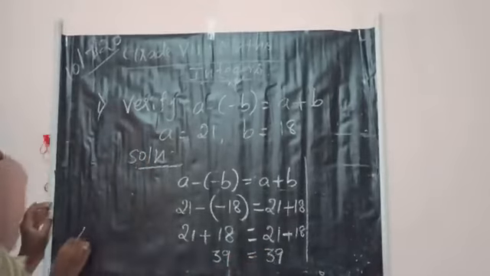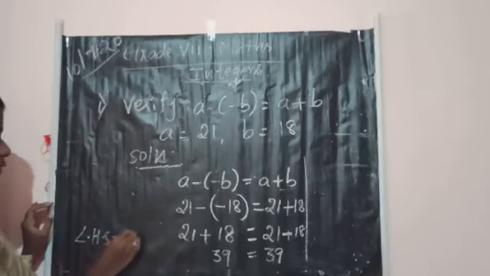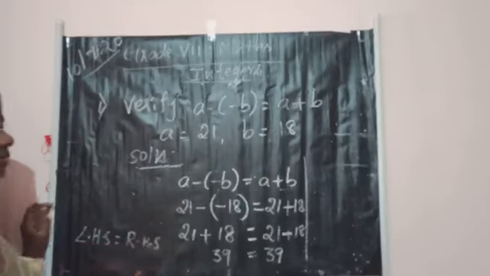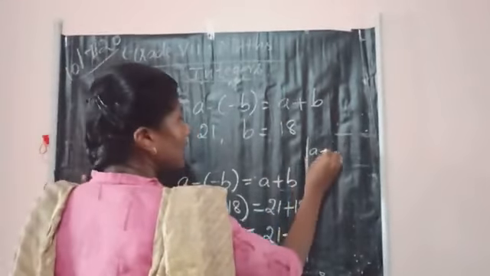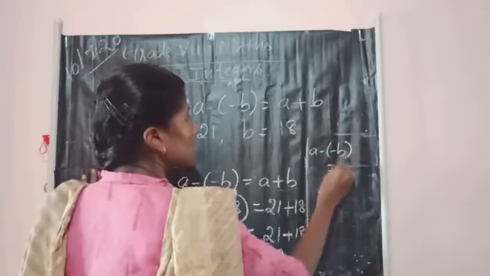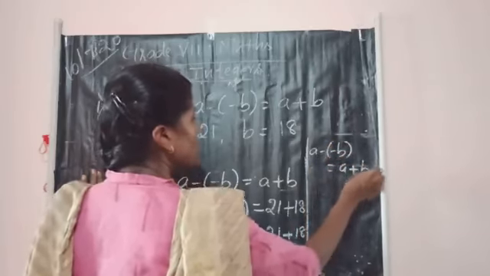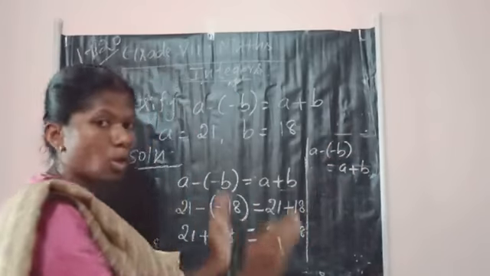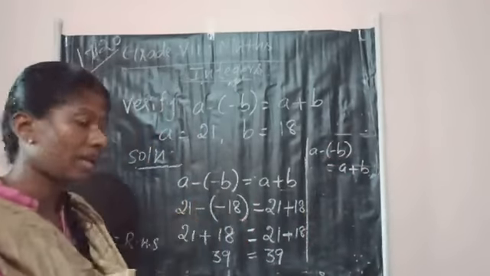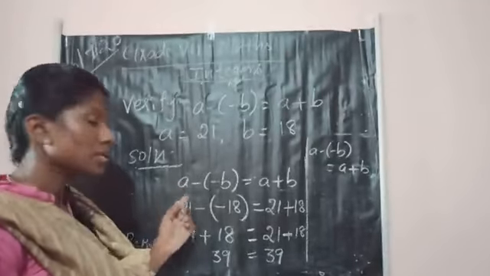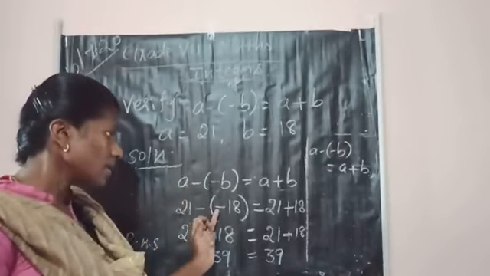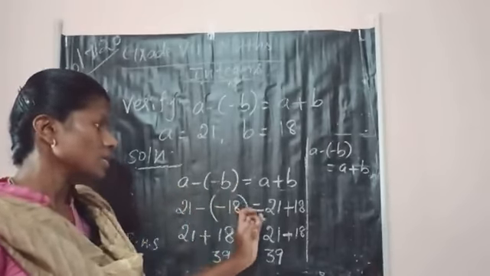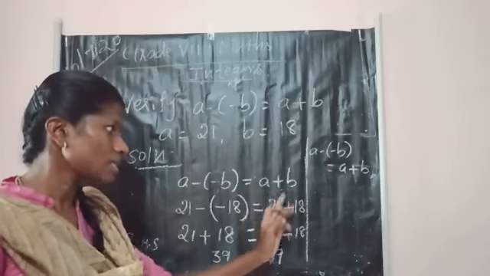Therefore LHS is equivalent to RHS, and we just verified that a minus of minus b is equivalent to a plus b. Now let me tell again. What is a? A is 21. 21 minus of minus b, where b is 18, is equivalent to 21 plus 18.